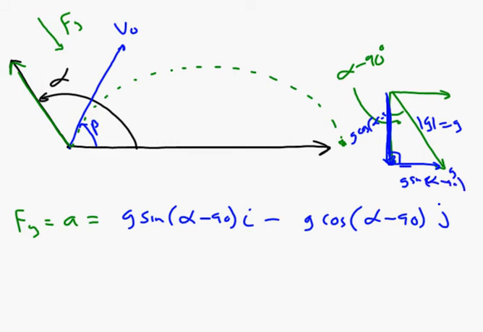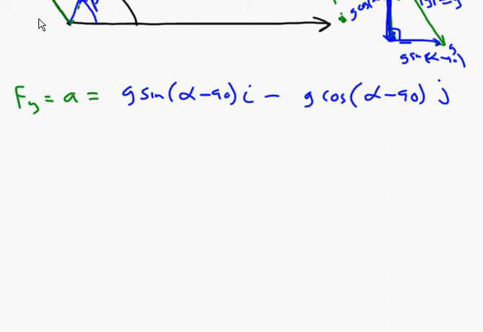Now we can actually simplify these things a little bit because there are some identities for expressions like this. Here are two identities.